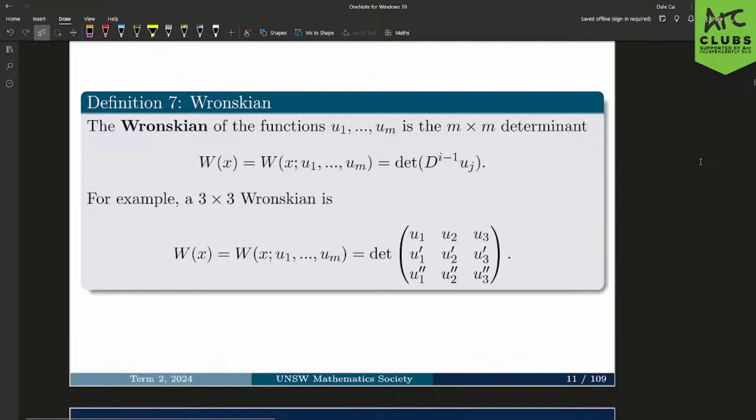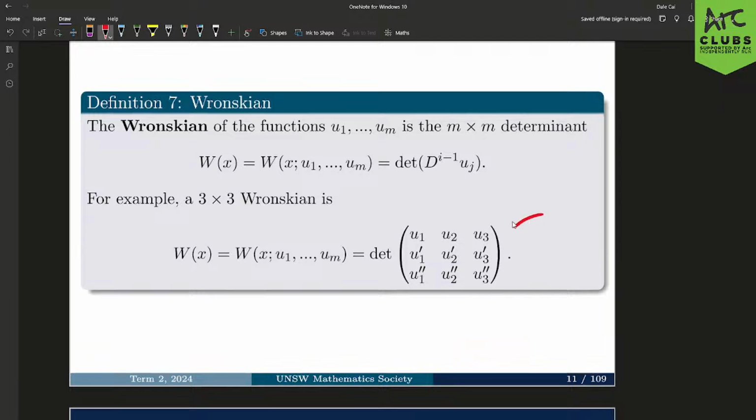Okay, another definition. Unfortunately this part of the course is quite formula heavy. There's a lot of definitions that you just need to remember. There's a thing called a Wronskian, and this definition is just saying that if you're in row i, column j, you're taking the (i minus 1)th derivative of the jth function.